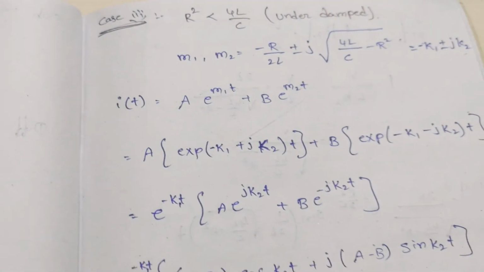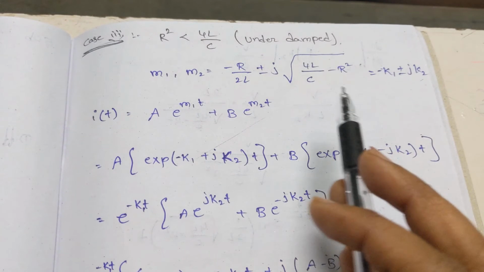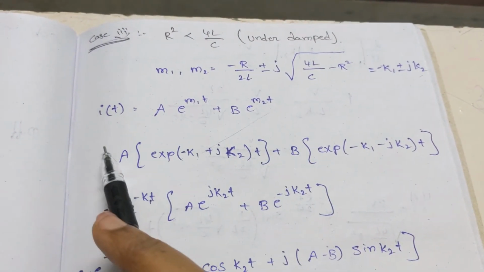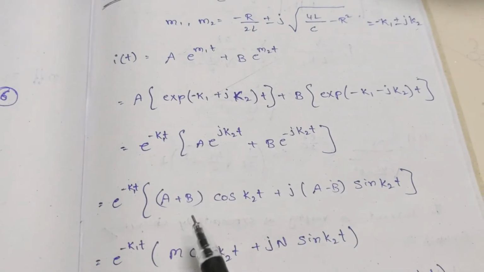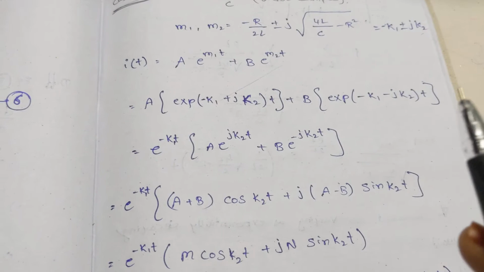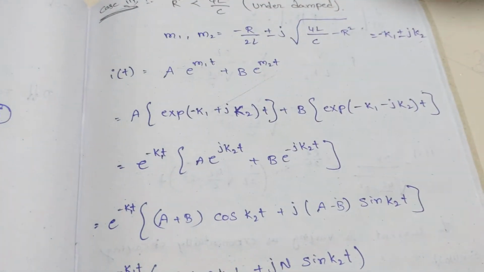Again the same procedure we have to follow: replace your m1 and m2 terms in your expression and find out the solution of your current.